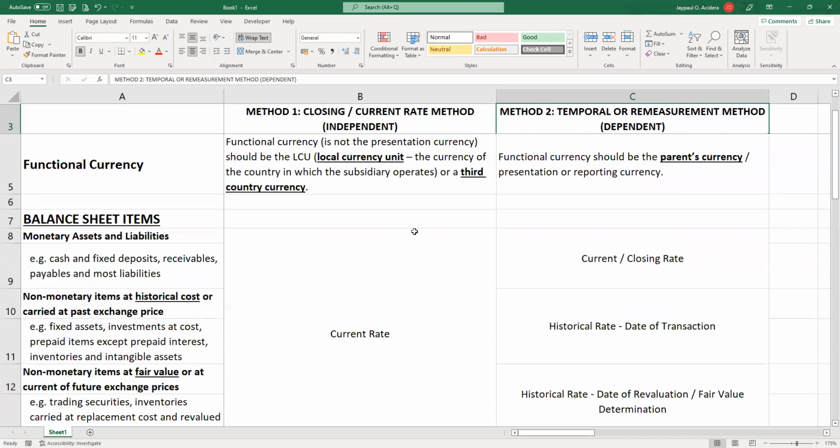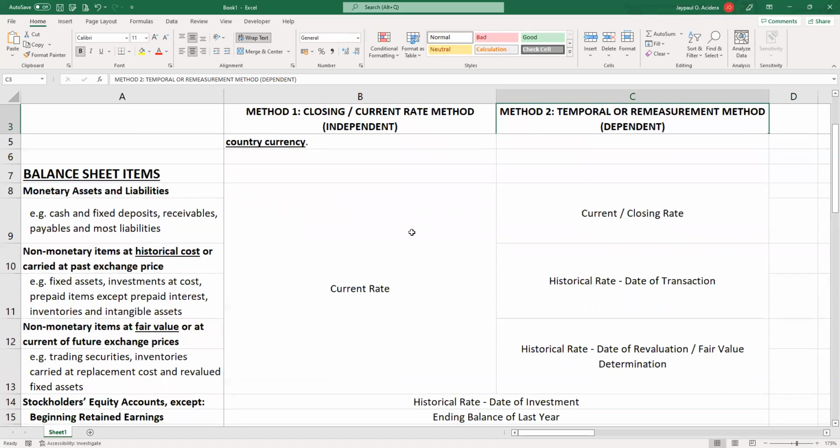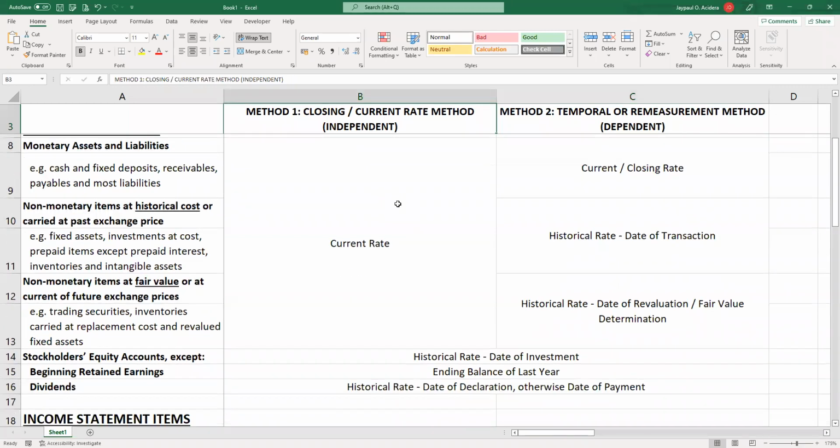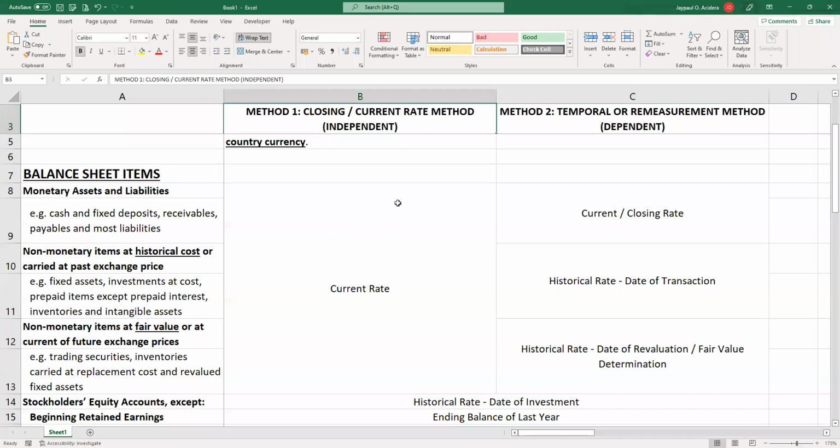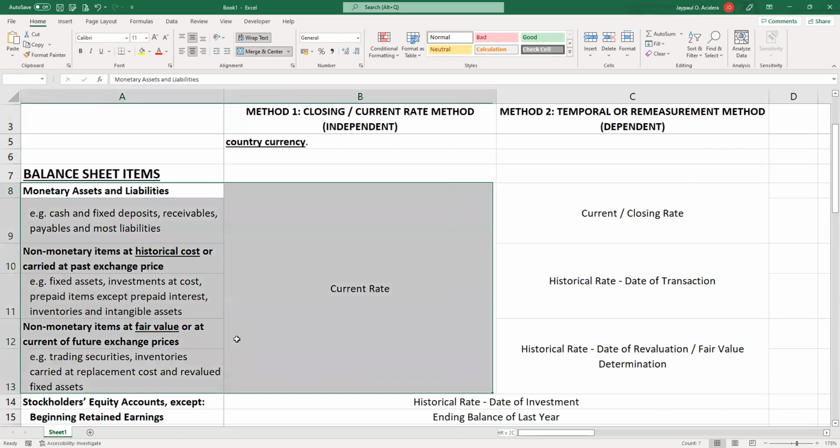Okay, now, let's compare the difference in terms of anong rates yung gagamitin. Okay, so under method 1 or the closing or current rate method, yung independent, you will notice that all assets and liabilities, okay, hindi all balance sheet items, ha?